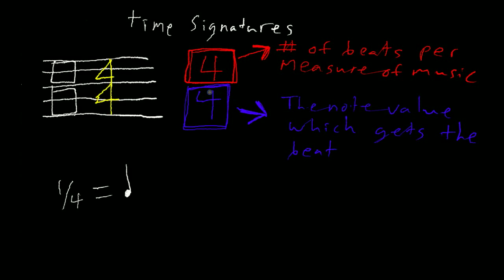So if instead of a 4 it was a 2, then we would just put a 1 over the 2, and that's a half. We would write that like that. So we would count a half note as our beat.